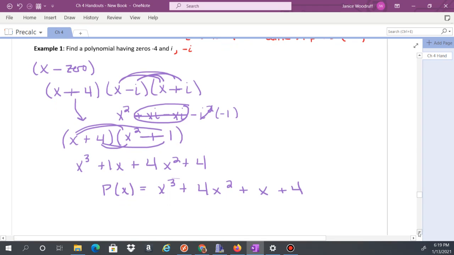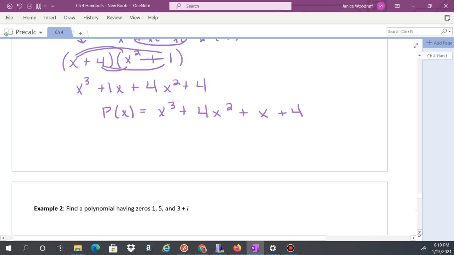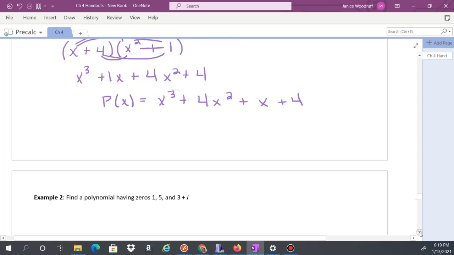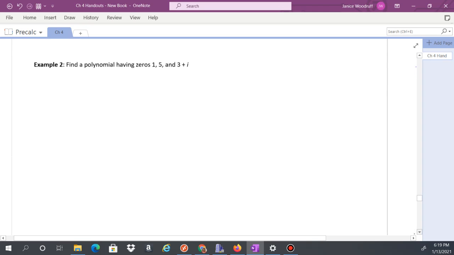All right, so let's look at this next example. This one gets a little more complicated because we have zeros of 1, 5, 3 plus i, and what's the other one? 3 minus i. Good. All right, so set this up as x minus your zero.